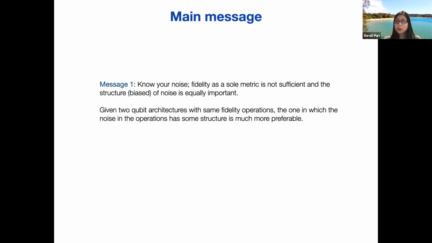If you have two qubit architectures with exactly the same total infidelity for the different operations, but in one the noise has some structure to it, that qubit platform is going to be much more preferable than the other one, which has the same fidelity but the noise has no underlying structure which we can exploit for quantum error correction.